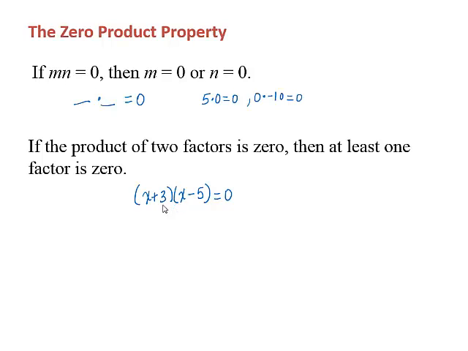Applying this property says that if those two factors have a product of 0, then at least one of them has to be 0. So that is that either x plus 3 is equal to 0 or x minus 5 is equal to 0. We can solve those equations. Those are linear equations, subtracting 3 from each side to give x equals negative 3, or adding 5 to get x equals 5.